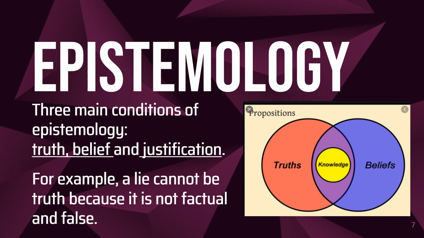There are three main conditions of epistemology: truth, belief, and justification. For example, a lie cannot be truth because it is not factual and it is false.